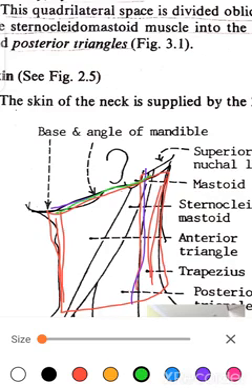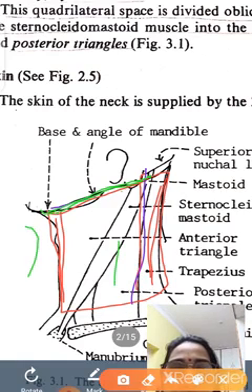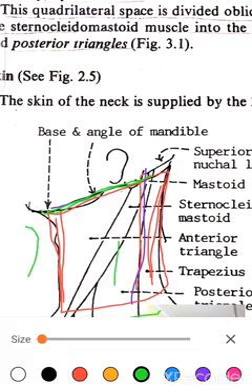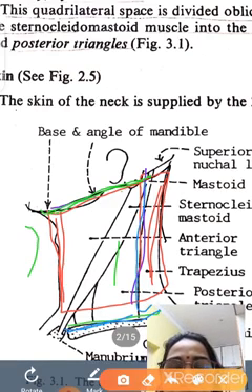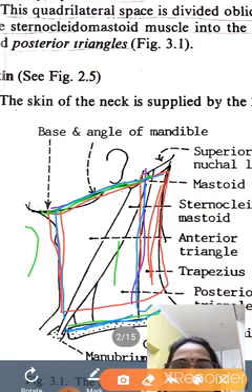Then the superior nuchal line, and inferiorly by the clavicle. This is the clavicle. So these are the various boundaries of the triangles of the neck.